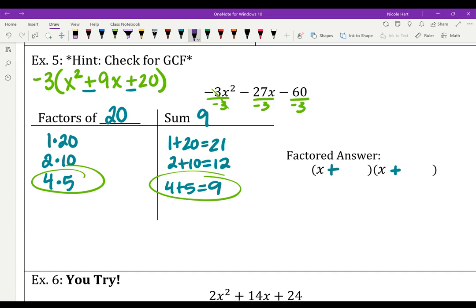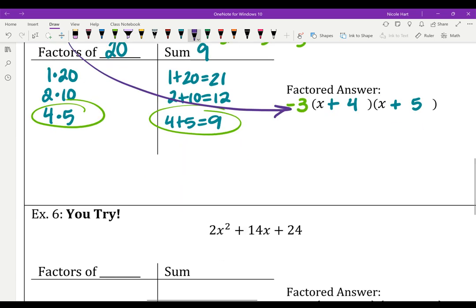So our factored answer is going to say x plus 4 and x plus 5. And what we can't forget, before I forget, is that negative 3 that we pulled out front needs to go in front of our factored answer as well. That negative 3 here has to go there. We can't leave it by itself.